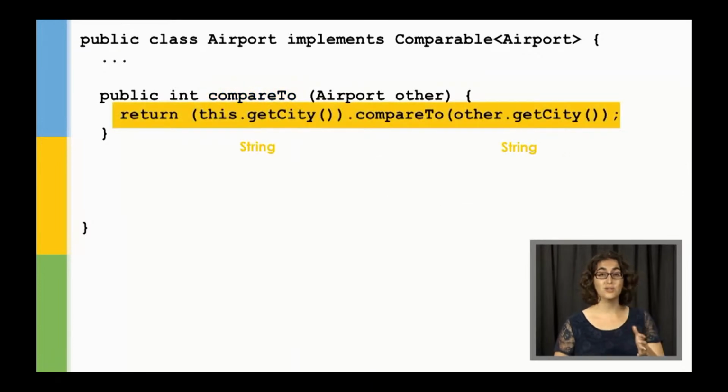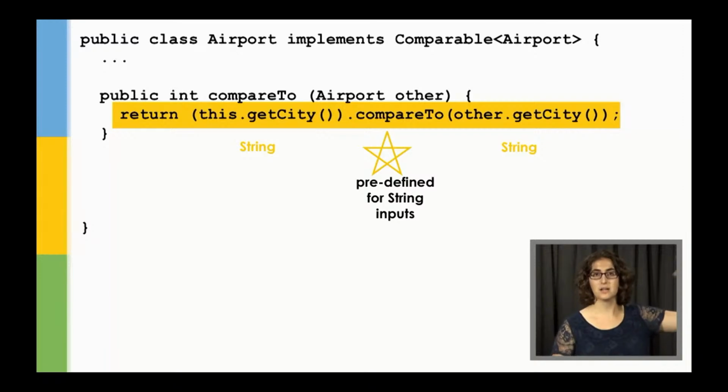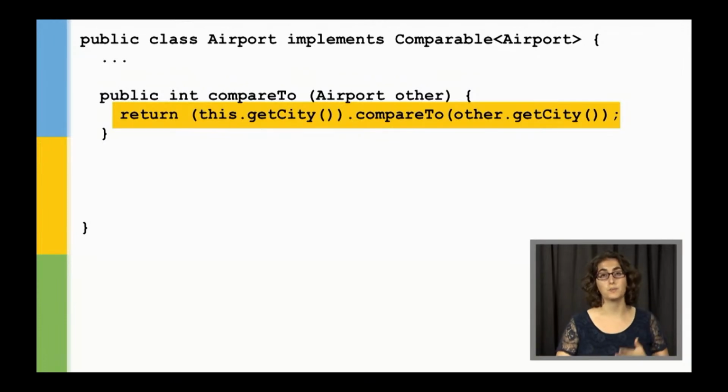So we're going to be kind of lazy and say, someone else compare these two strings, and we just want to return the result of that comparison. So what we're returning when comparing two airport objects is the result of comparing the city name of our current object, the calling object, to the city name of the other object.